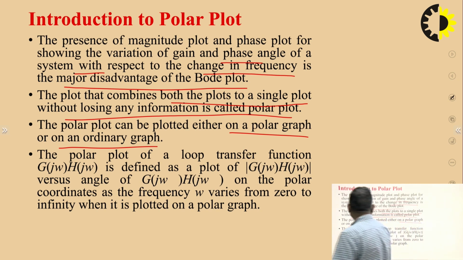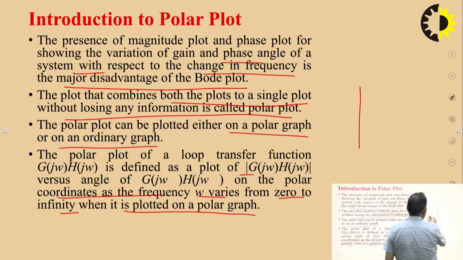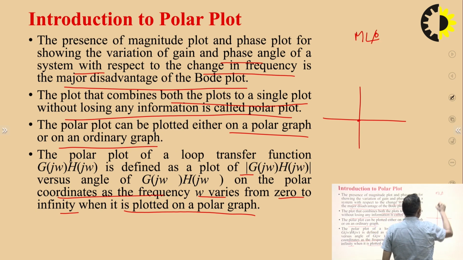The polar plot of an open loop transfer function G(jω)H(jω) is defined as a plot of the magnitude of G(jω)H(jω) versus the angle of G(jω)H(jω) on polar coordinates, as the frequency ω varies from 0 to infinity, when it is plotted on a polar graph. This is the point where the magnitude is 0 and the phase angle is 0. We write it as M angle φ.